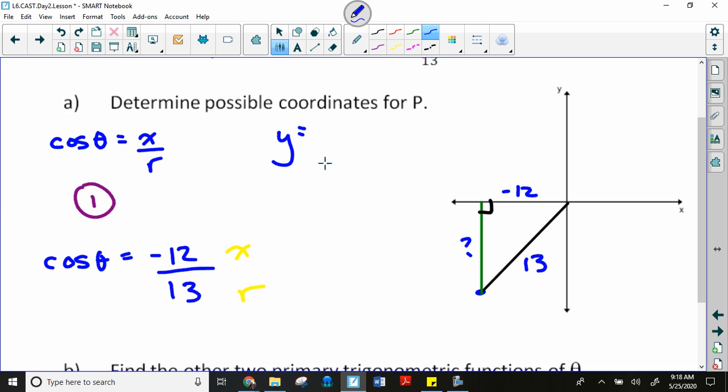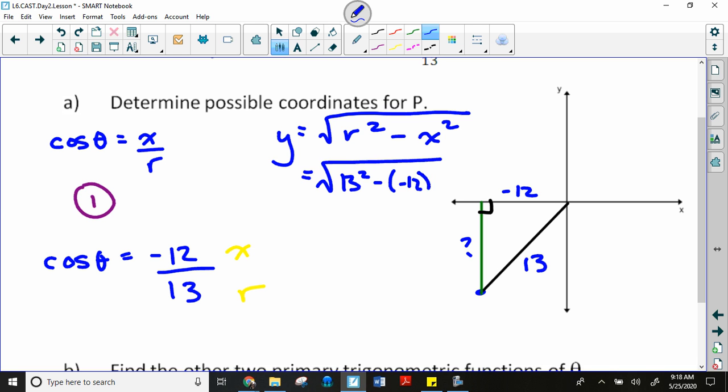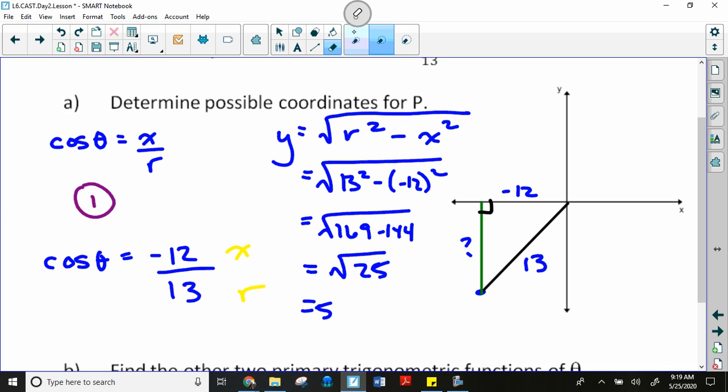So y equals the square root of r squared minus x squared, which is the square root of 13 squared minus negative 12 squared, the square root of 169 minus 144. That is 25, and the square root of 25 gives us 5. So our y value for this question is negative 5. Why is it negative? Because it's in the third quadrant, so we're going down, negative 5.